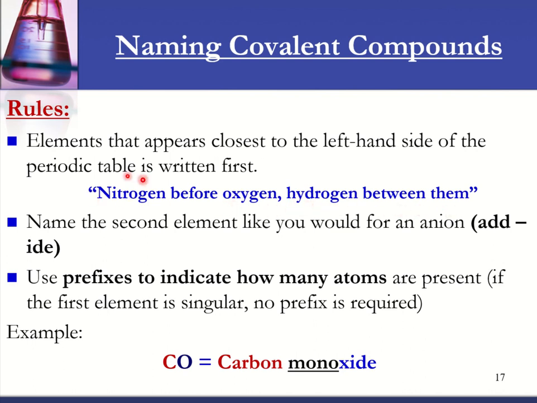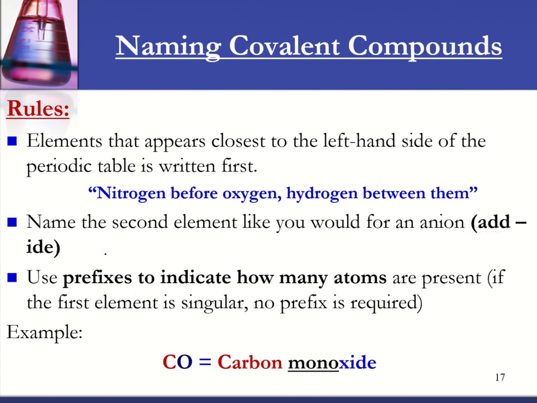So nitrogen would be written first, and then oxygen if you were trying to write the name. For the second element, you write it similar to how you would write an anion for a non-metal. So you add IDE at the end.